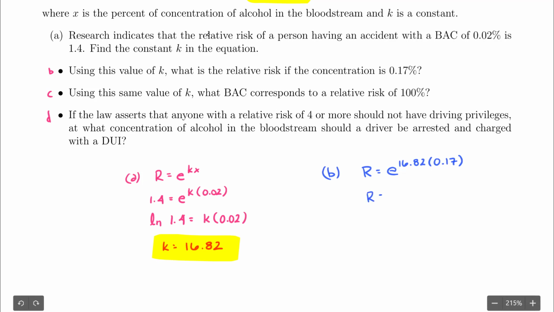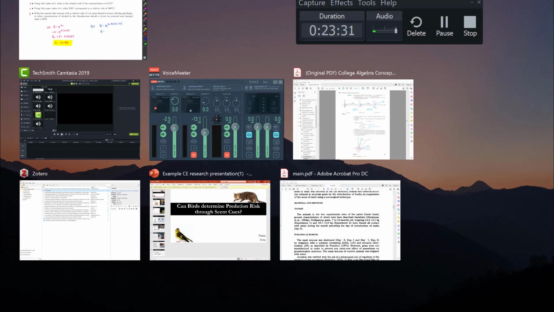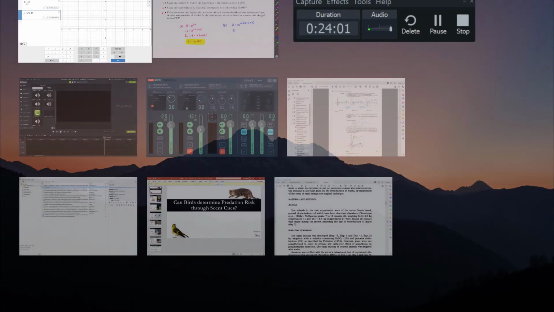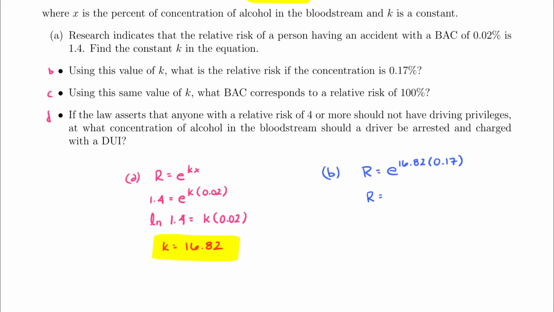So when we simplify this using the calculator, we have e to the 16.82 times 0.17, in parentheses, and we get 17.45. So that's the relative risk. So there's a 17.45% chance of having an accident with a blood alcohol content of 0.17.